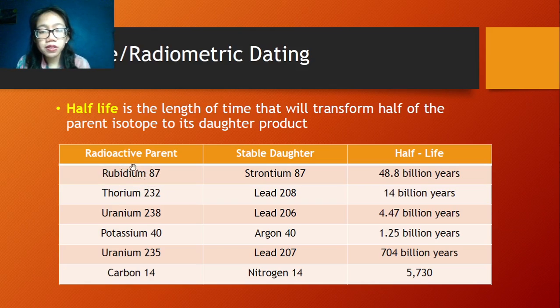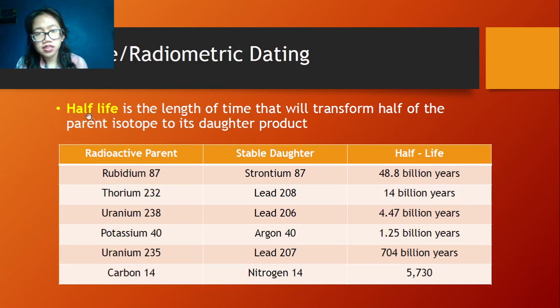So for example, rubidium 87 will become a more stable strontium 87, but that would take a half-life of 48.8 billion years. But what is a half-life?